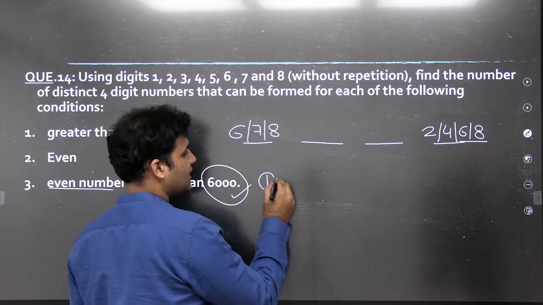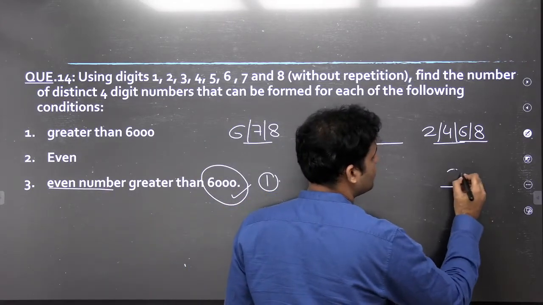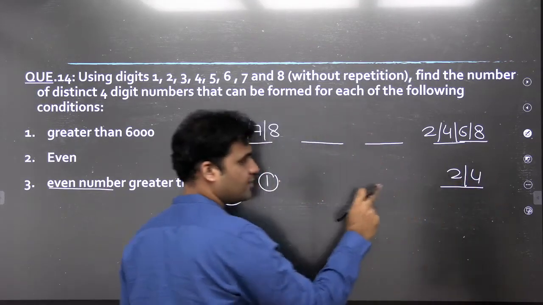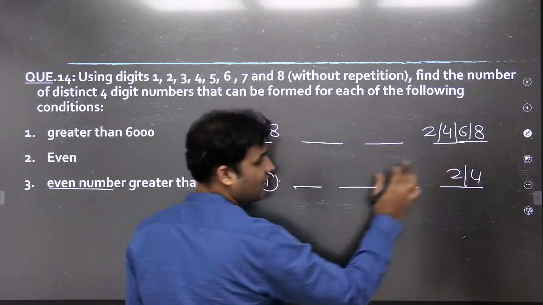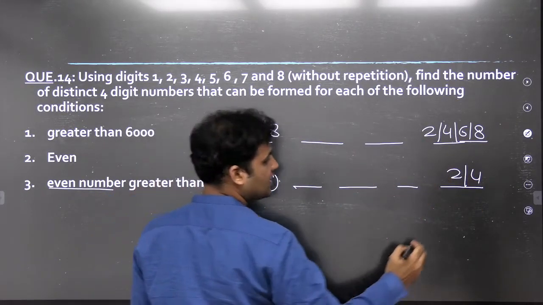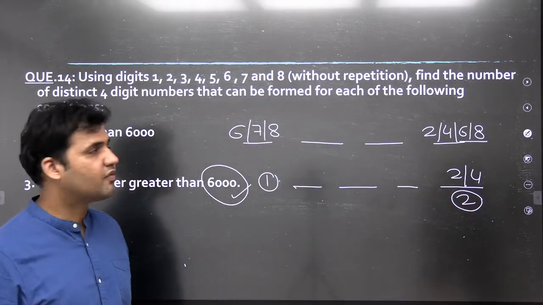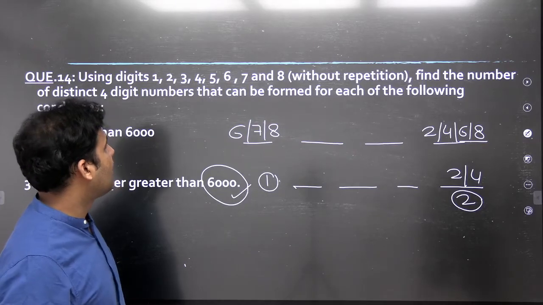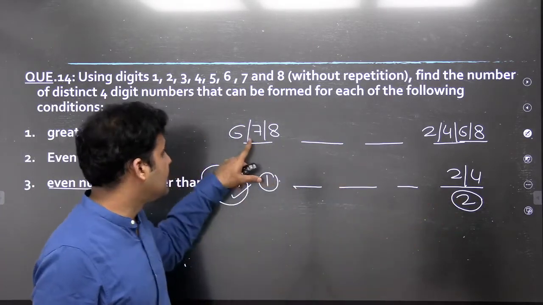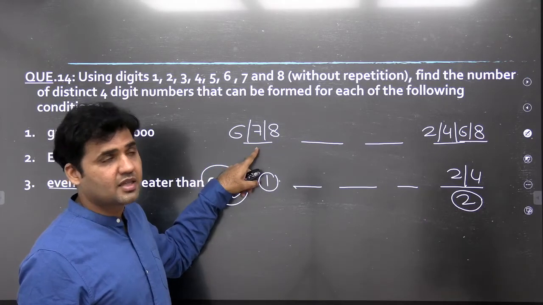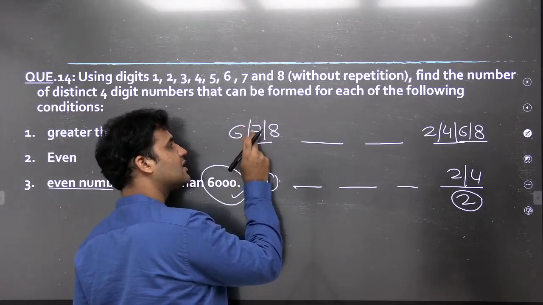First, take the case when no digit is common. That means I am placing 2 or 4 over here, and let's not place 6 and 8 at the unit position. If I am placing 2 or 4 at the unit position, the unit position can be filled in 2 ways. Now, out of the 8 digits, 2 positions are over here, and if I have to make the number more than 6,000, this place can have only the digits 6, 7 or 8.